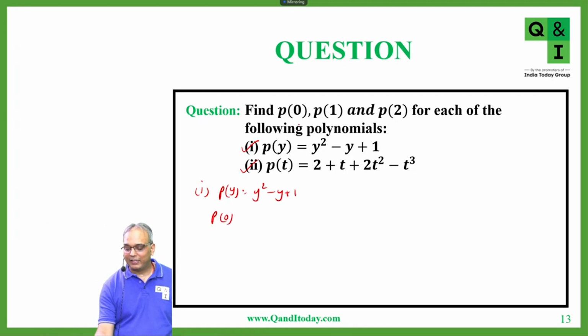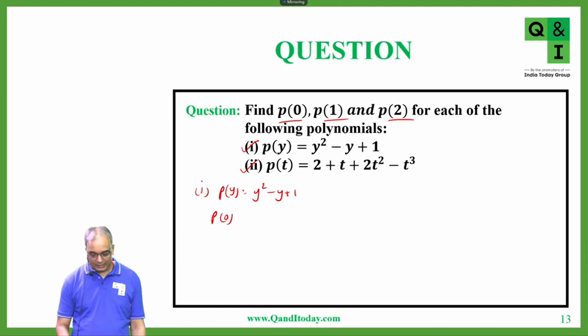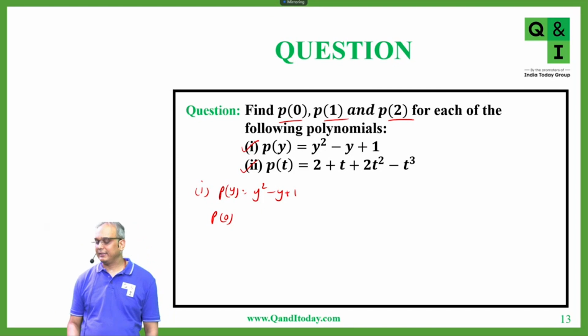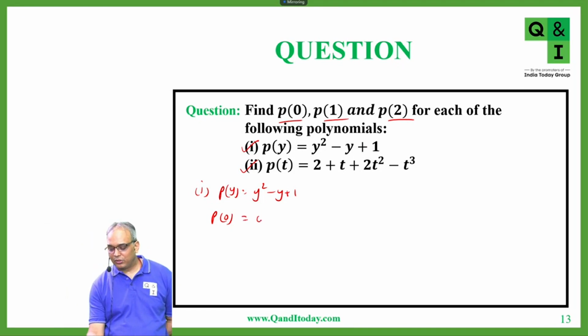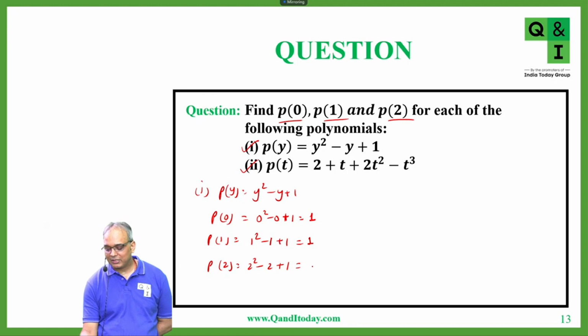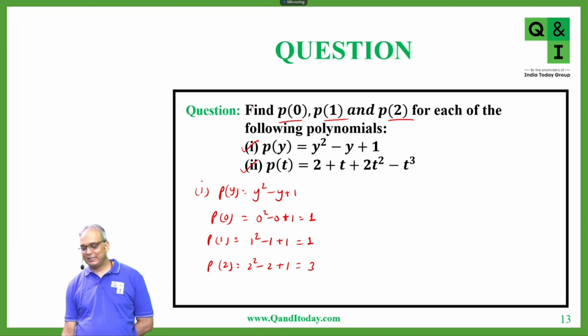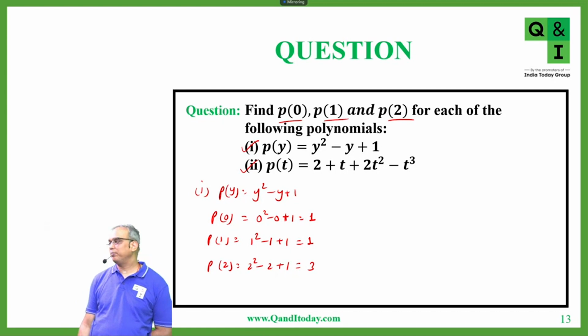So you have to find different values of the polynomial at different values of the variable. p(0) is 0 square minus 0 plus 1, which is 1. p(1) is 1 square minus 1 plus 1, which is again 1. And p(2) is 2 square minus 2 plus 1. So 4 minus 2 is 2 plus 1, 3. So 1, 1 and 3 are the answers for p(0), p(1) and p(2).